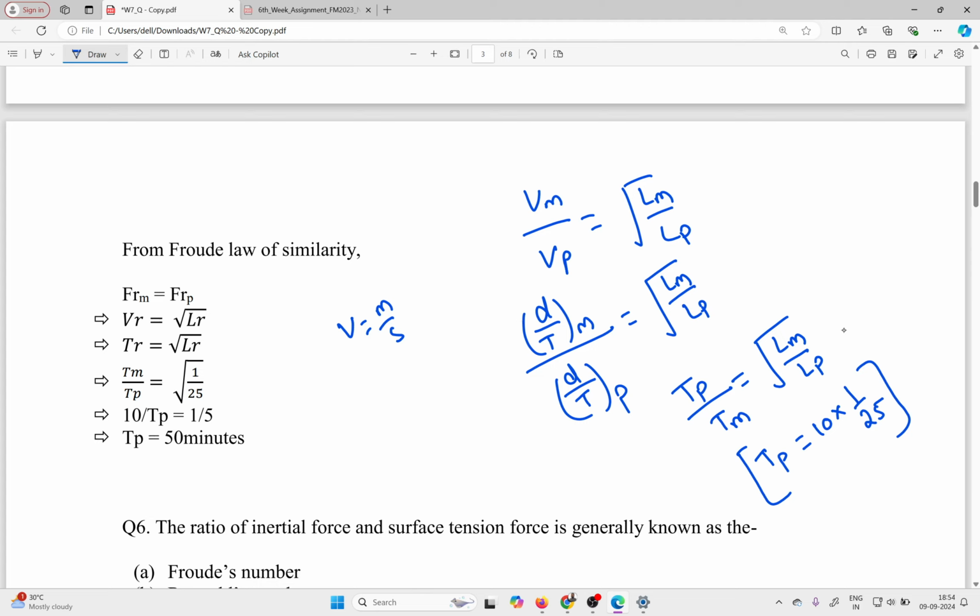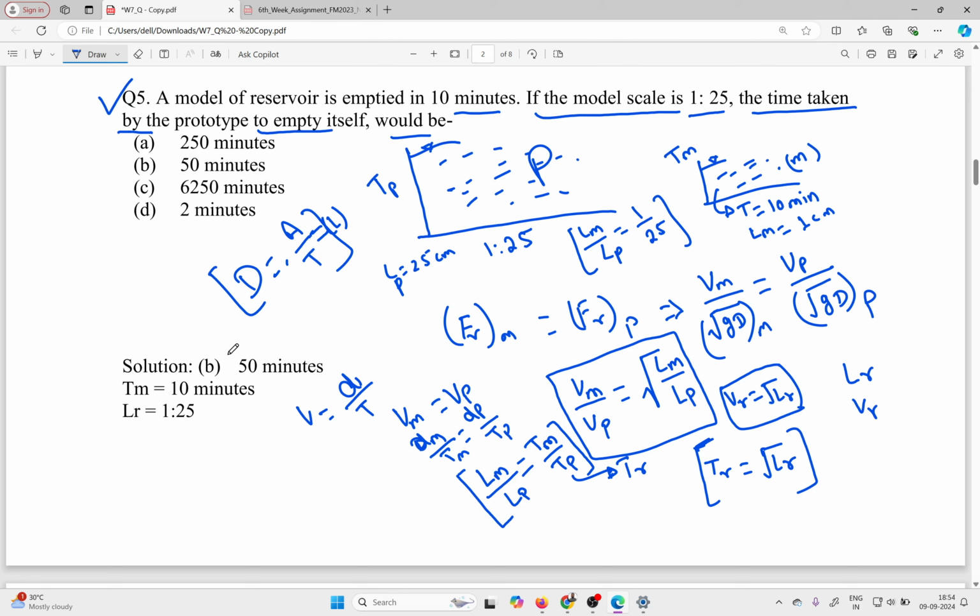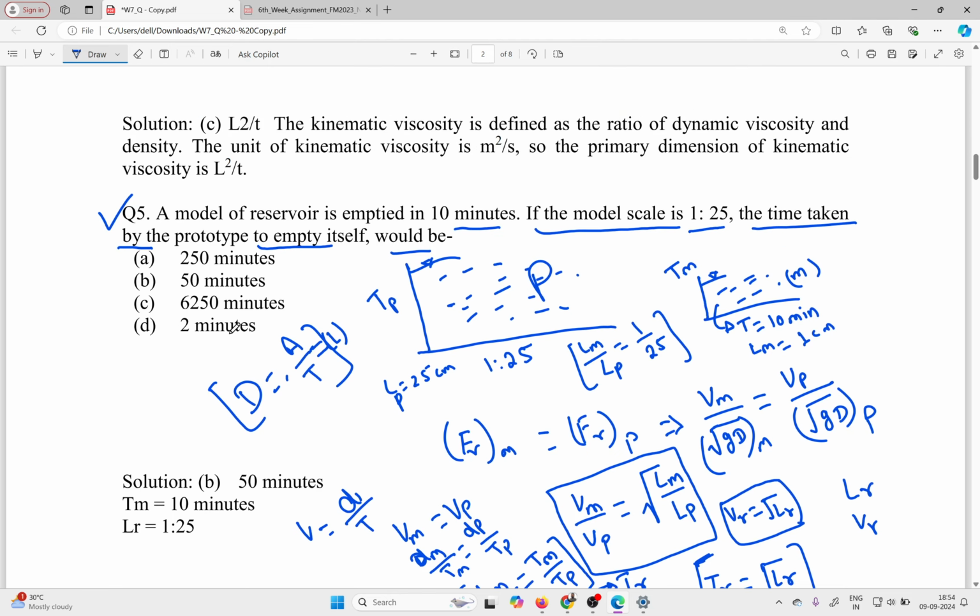So if you calculate like that, your value will come 0.4 minute. In second, I don't know, I think some mistake is there in this question.